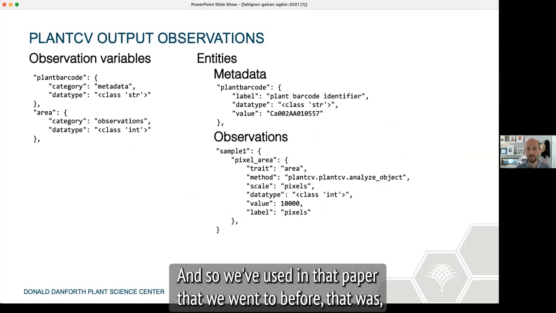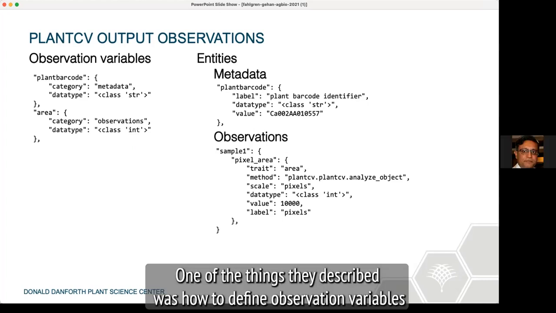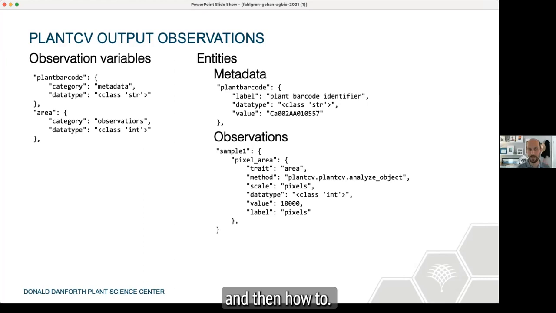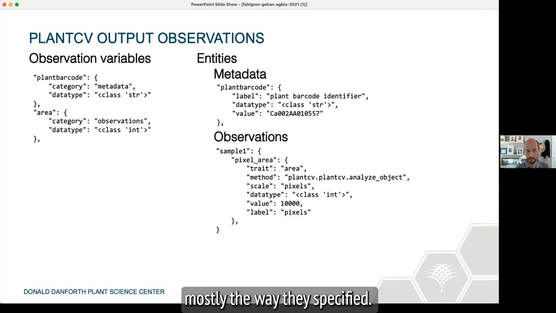In that paper that was linked to before, one of the first MIAPPE papers, one of the things they described was how to define observation variables and the components of defining them. So we use this mostly the way they specified.